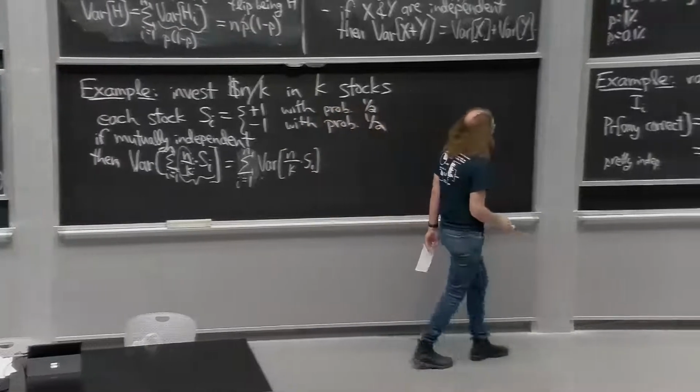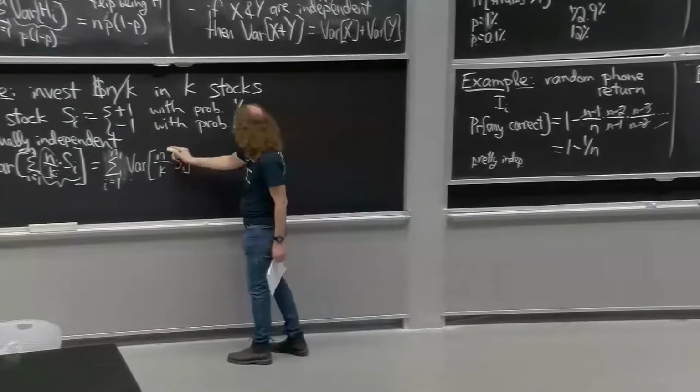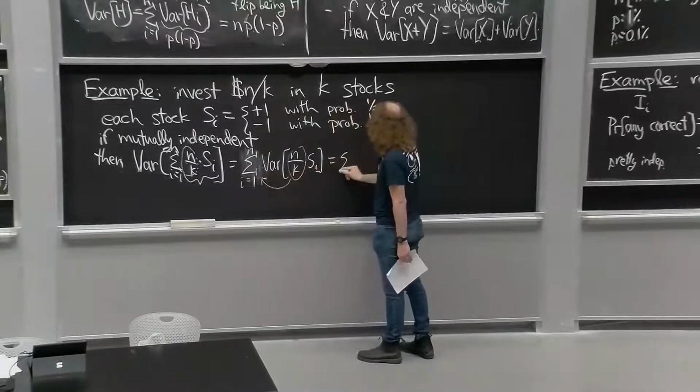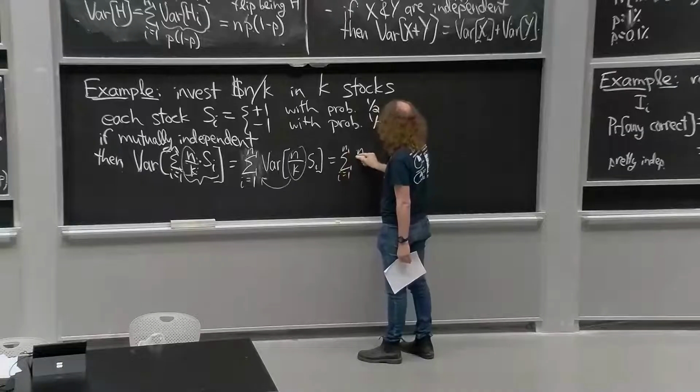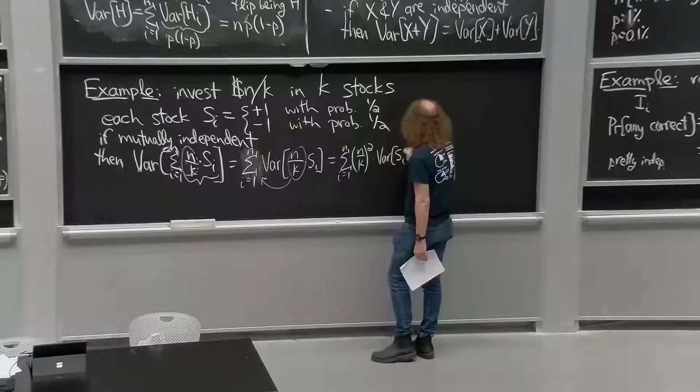That was the first property. And then the second one, if we want to pull this outside, it gets squared. So we get the sum over i equals 1 to n of (n over k) squared times variance of Si.